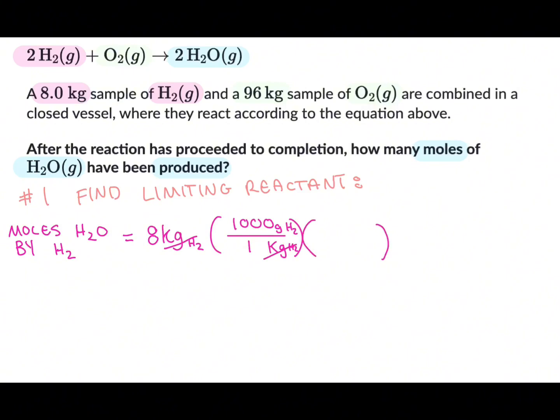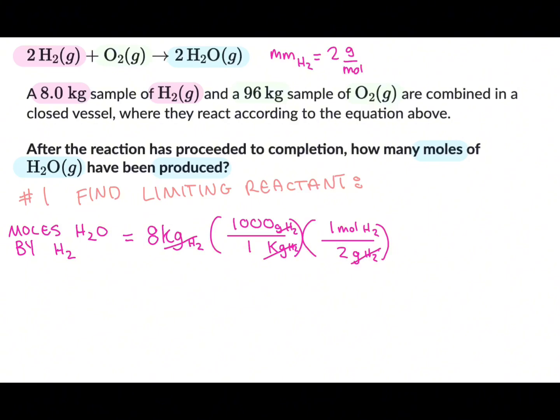Next, we go from grams to moles. We're going to need the molar mass of hydrogen because molar mass has units of grams per mole. And it's 2 because it's H2. And that goes in the bottom, so our grams will cancel, and we're left with moles of H2.